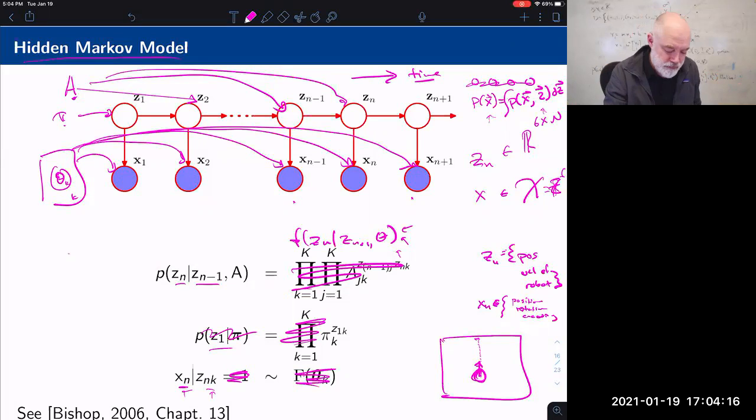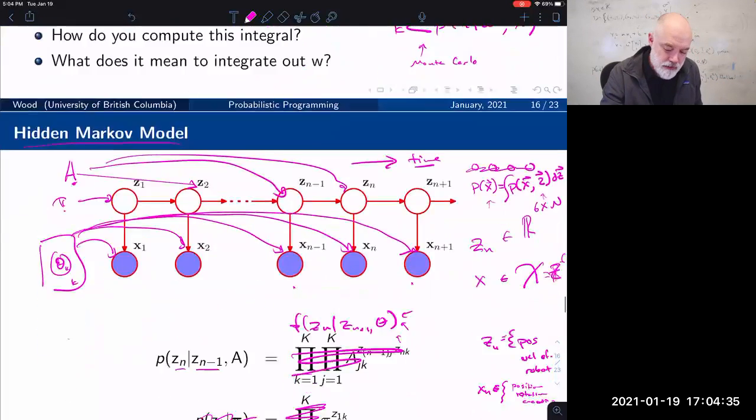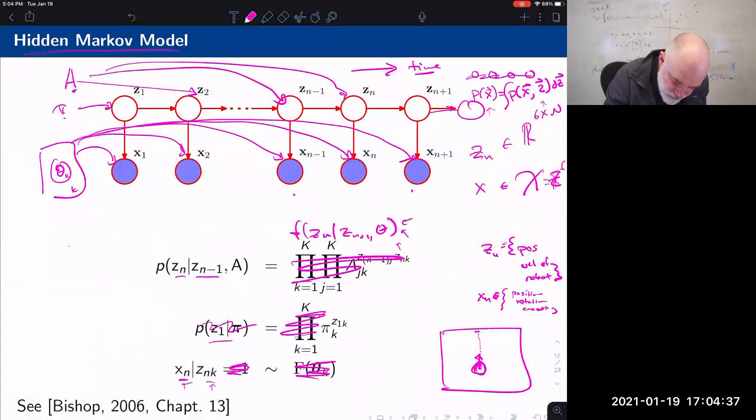The inference objective would be to get the posterior distribution over where the robot is. Why would you want the posterior distribution over where the robot is? For instance, so that you can make posterior predictive distributions about where the robot will be, right? So in an HMM, you can always run this forward and infer where the robot will be given noisy sensor measurements, and so on and so forth.